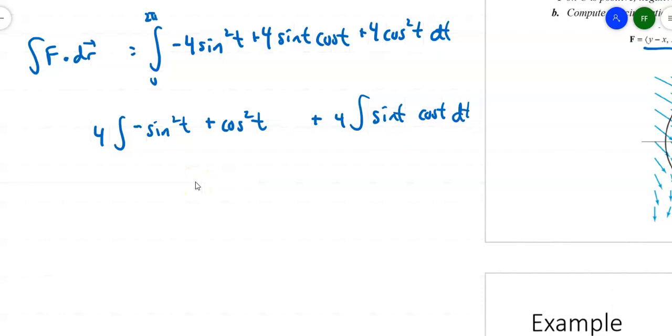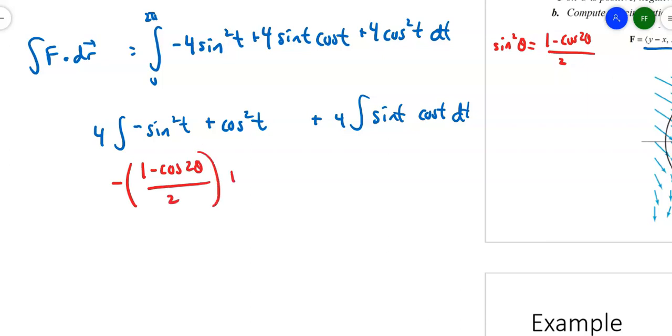All right, first of all, I need conversions for these sine squares and cosine squares. So I know that sine squared theta equals 1 minus cosine 2 theta over 2. So I'm going to get negative 1 minus cosine 2 theta over 2. Cosine squared is exactly the same thing, but with a plus sign. So 1 plus cosine 2 theta over 2, that's the replacement.